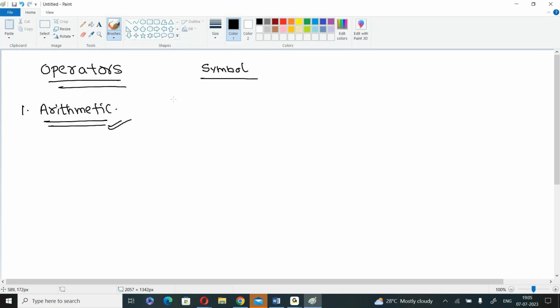What are those? Plus means addition, minus is subtraction, star represents multiplication. Everyone knows these three: addition, subtraction, multiplication.